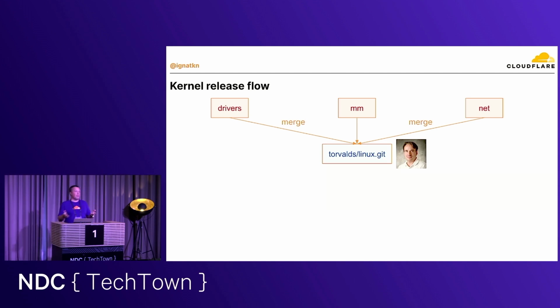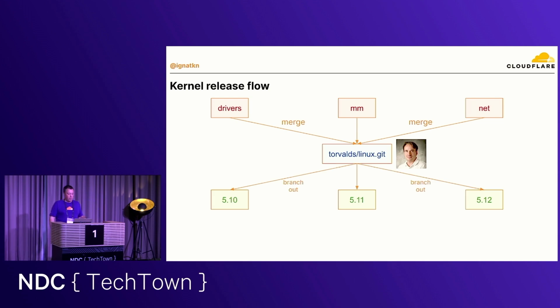For example, you have a subsystem for drivers, for memory management, and for networking, and new features are developed there. And at some point, during the so-called merge window, Linus goes and pulls new stuff from these branches to the main branch.